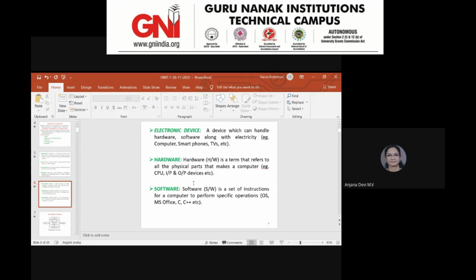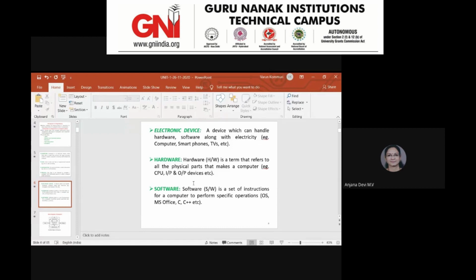No, we cannot. That means electricity is also required to work with the hardware and the software of the computer. That's why a computer is an electronic device. Examples: a computer is an electronic device, and a smartphone is also an electronic device.